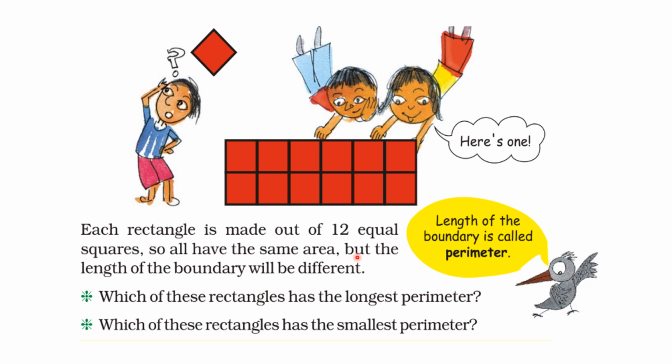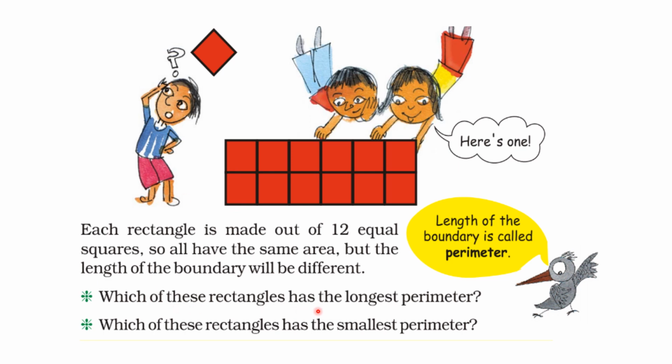It's clear? But the length of the boundary will be different. What do we call the length of the boundary? It is called perimeter. In the last class we already explained what is perimeter. The length of the boundary, this boundary is called perimeter. So the total length of the boundary is called perimeter. Clear?